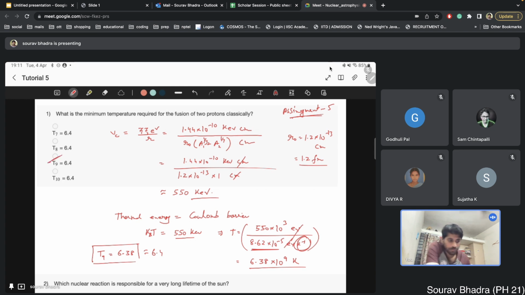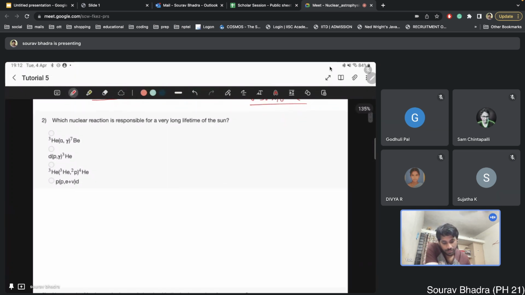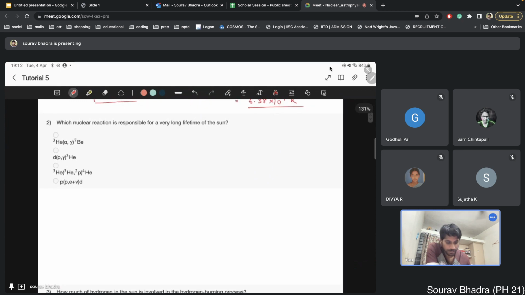T9 equals 6.4. This energy we must have to overcome the Coulomb potential barrier for protons. For other elements the change will only be in Z1, Z2 and A1, A2. All the process will be exactly the same. Now coming to the second problem, which nuclear reaction is responsible? Okay, that I will do.